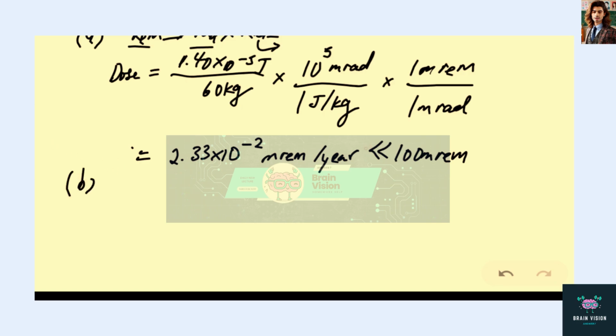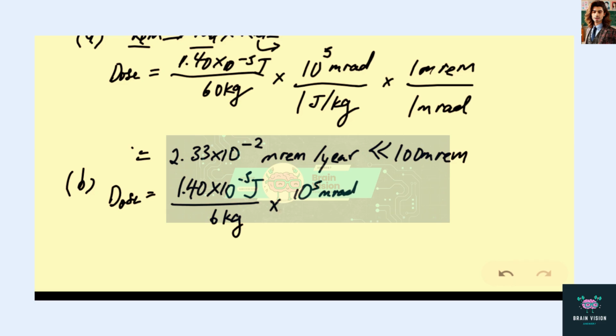Now we do the same process, but for a 6 kilogram baby. The same amount of energy is being absorbed, but the mass of the baby is only 6 kilograms. And so the answer that we get is quite different.